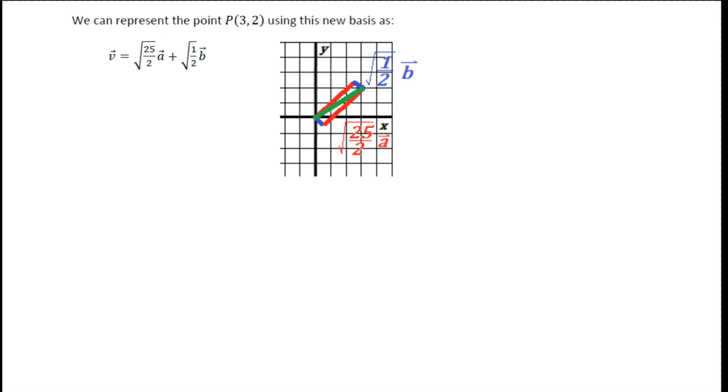Now, I can still arrive at that point in space (3, 2) using these new vectors as my basis. And again, I kind of just gave you the answer, but we can verify that this is absolutely going to be true as well, the same exact way. So the scaling factor for a is root 25 over 2.